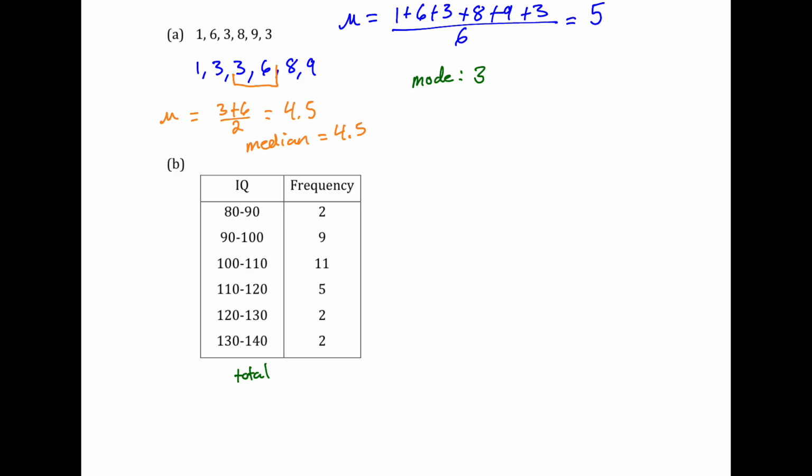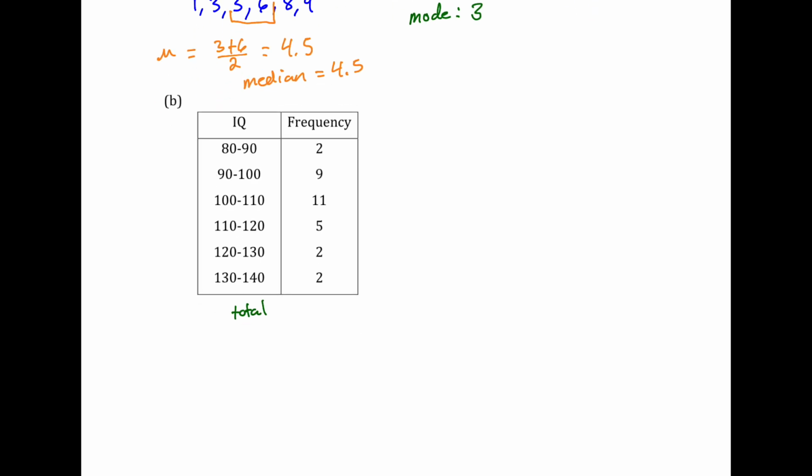There are 31 numbers in this data set. And so the way I can do their stats is I assume a middle number for each of them. So what I will do is take the middle of each of the ranges, called a midpoint.